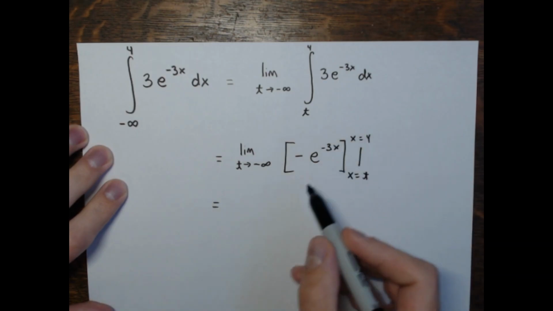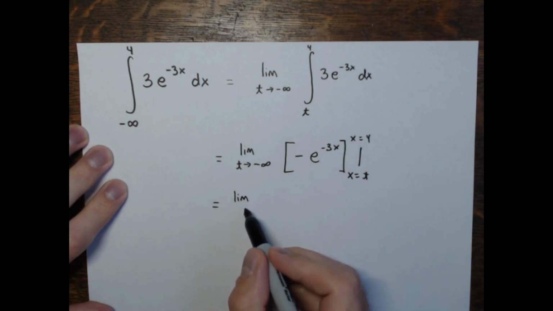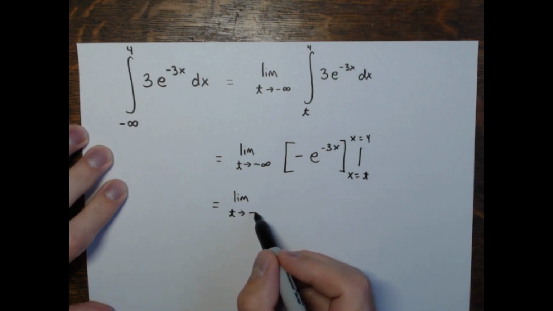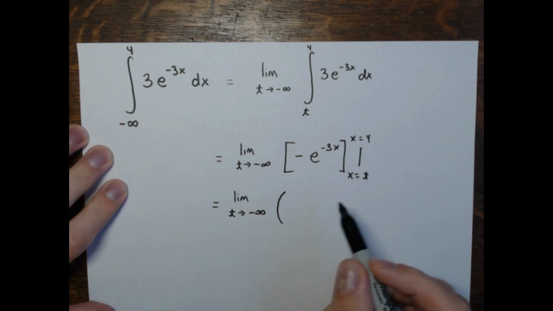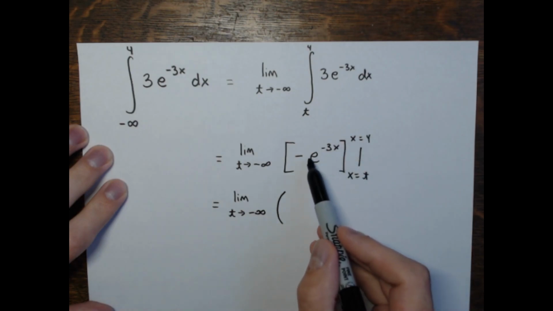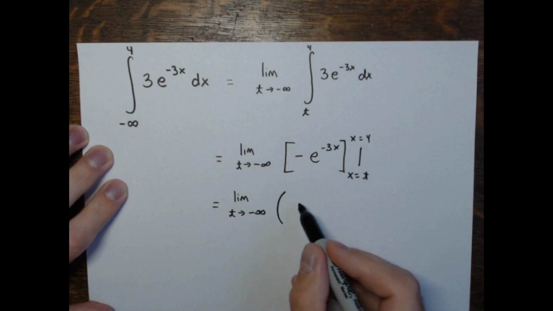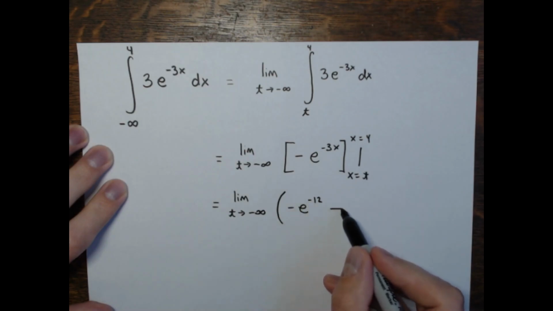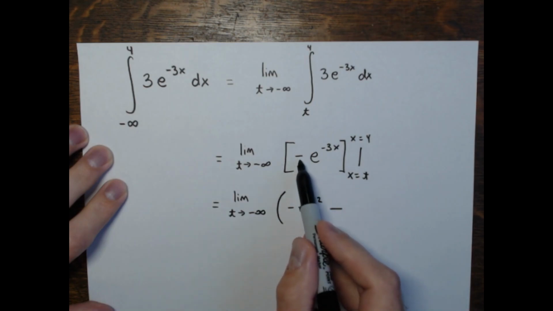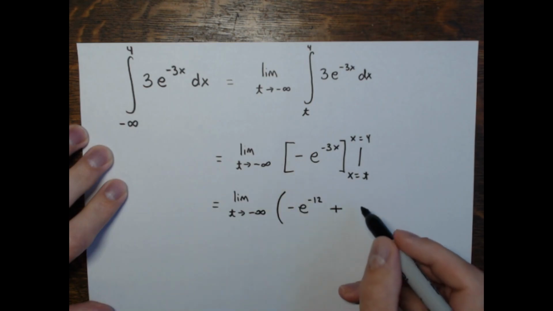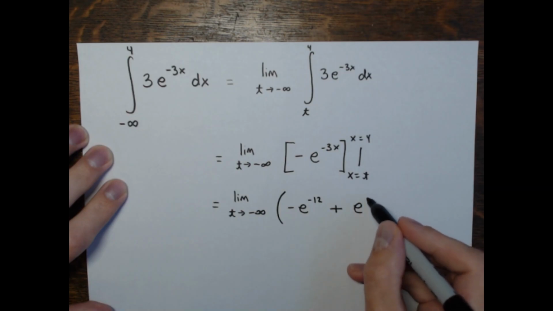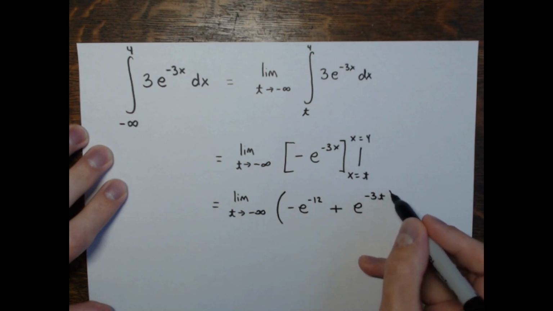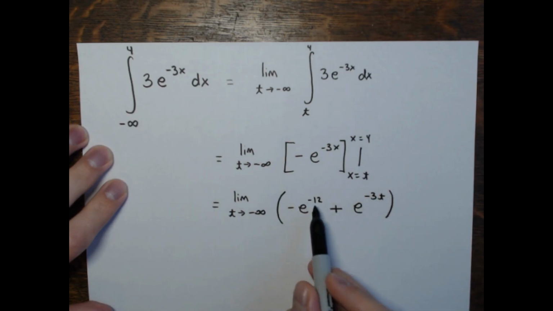Put in the top, put in the bottom, subtract. We have the limit as t approaches negative infinity of. Now when I plug in 4, this would be negative e to the negative 12th power. Then minus, which will be minus a minus here, so plus, and then e to the negative 3t. Okay, so this is a constant.